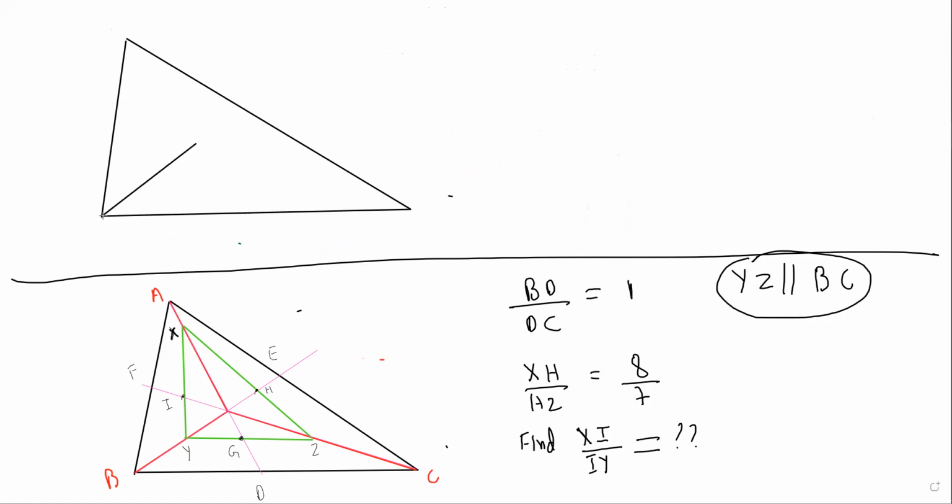So just random lines. Now, if this red line is parallel to this black line, and if this pink line is again parallel to this thing, this is maybe very simple.